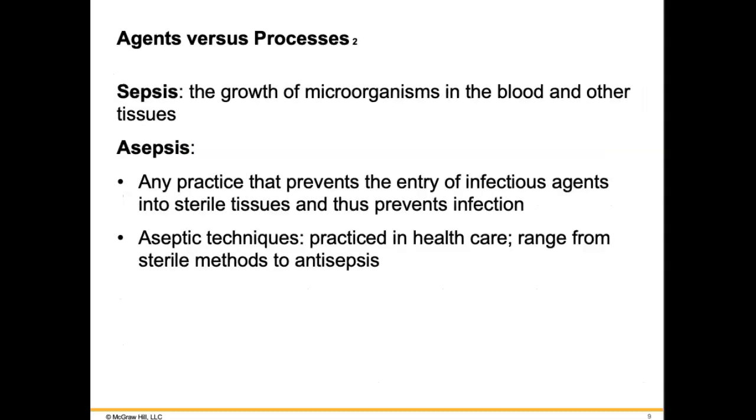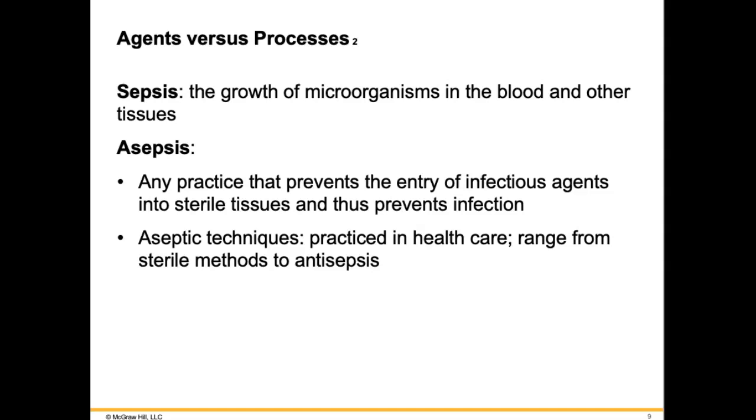All right, agents versus processes. Sepsis is the growth of microorganisms in the blood or other tissues. Asepsis is any practice that prevents the entry of infectious agents into sterile tissues and thus prevents infection. Examples of asepsis would be wearing a mask, wearing gloves, washing your hands, wearing a gown, using a sterile area when you are in the OR, changing gloves, changing your gown, wearing a hat, wearing goggles.